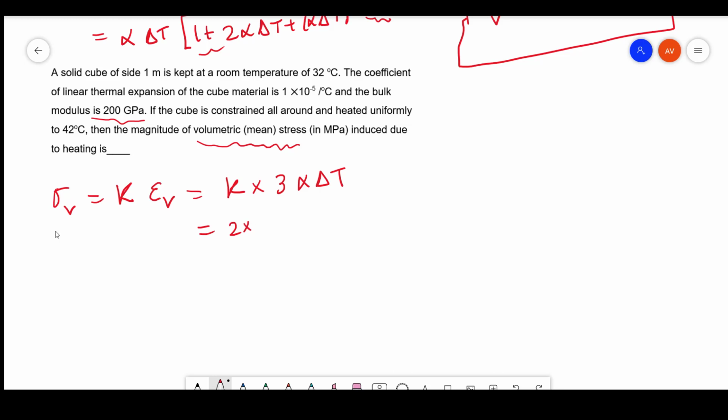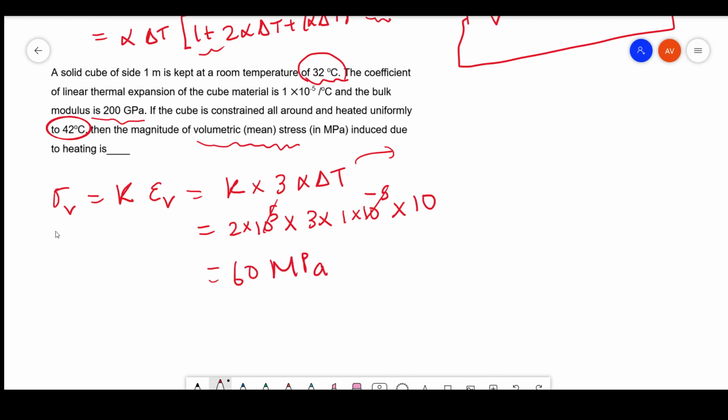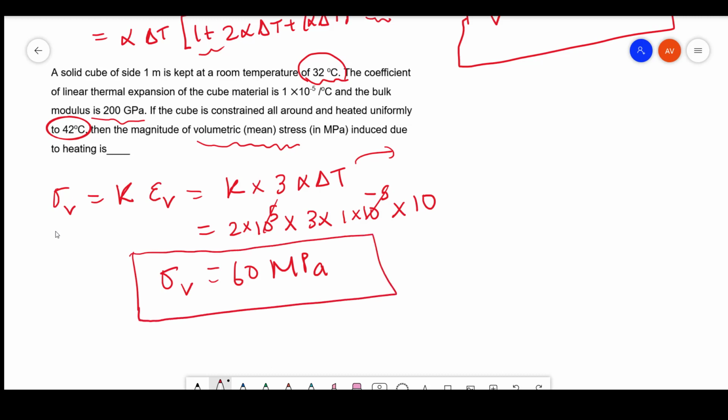Let's convert it into MPa. So 2 into 10 raised to 5, into 3, into alpha, which is 1 into 10 raised to minus 5, into change in temperature. It is changing from 32 degrees Celsius to 42 degrees, so the change is 10 degrees Celsius or 10 K. Now these two will cancel, and finally we get 60 MPa. So this is your final answer.